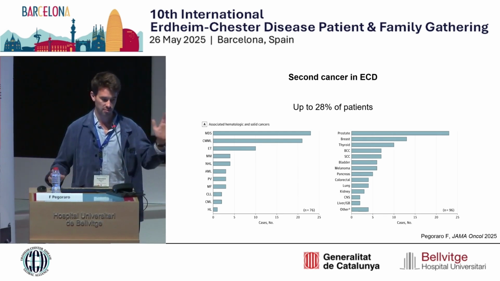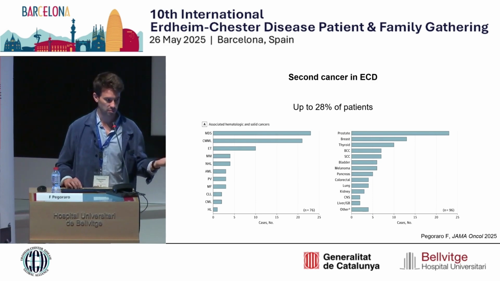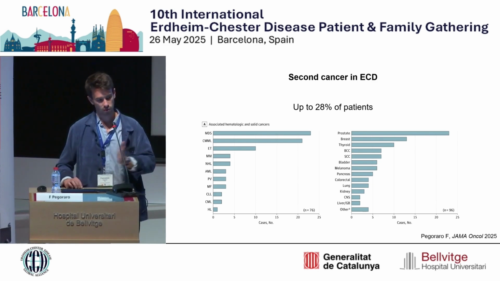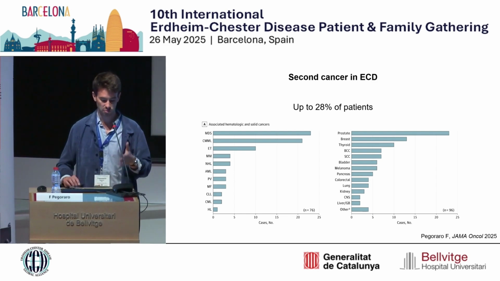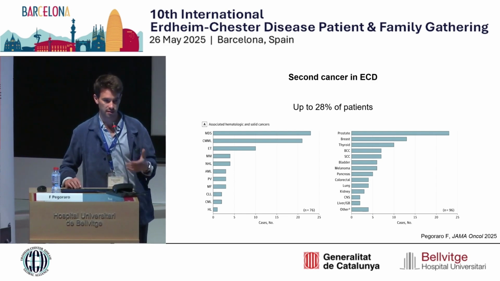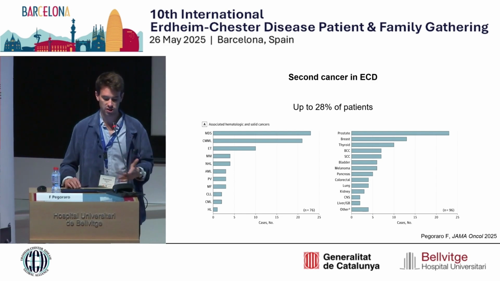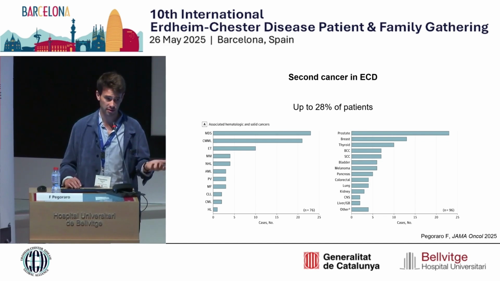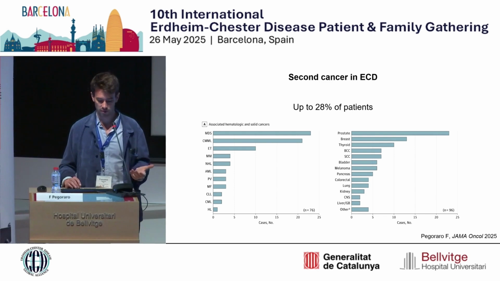When we think of hematologic cancer, as I said, myelodysplastic syndrome and chronic myelomonocytic leukemia, and when we talk of solid cancer, that could be the typical cancers that we see often with age, such as prostate cancer in males or breast cancer in females, but also thyroid cancer, which is a bit more common.